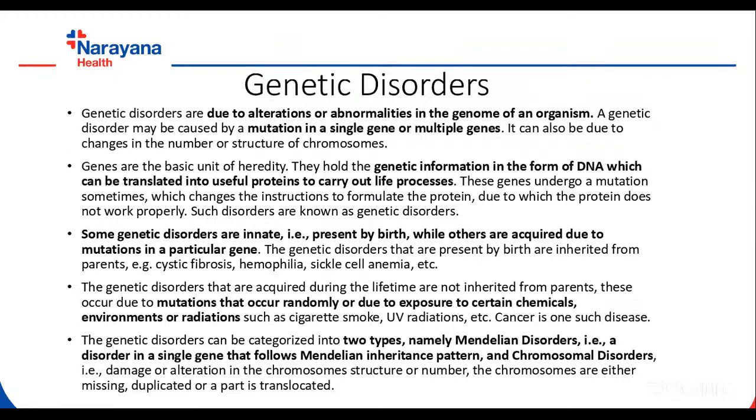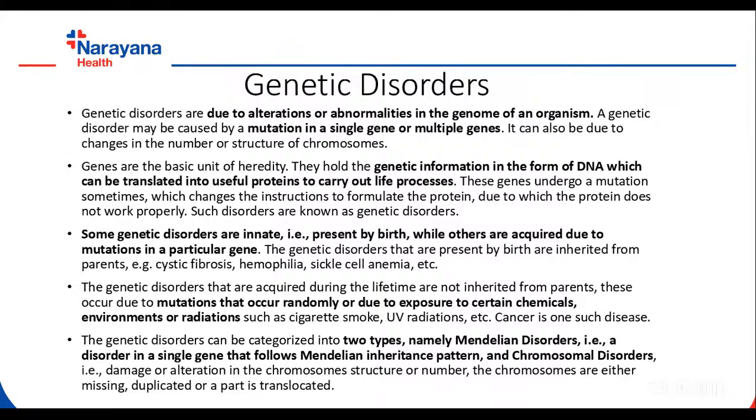They hold the genetic information in the form of DNA, which can be translated into useful protein to carry out life processes. Some genetic disorders are innate, present from birth, while others are acquired due to mutation in a particular gene. The genetic disorders that are acquired during the lifetime are not inherited from parents.